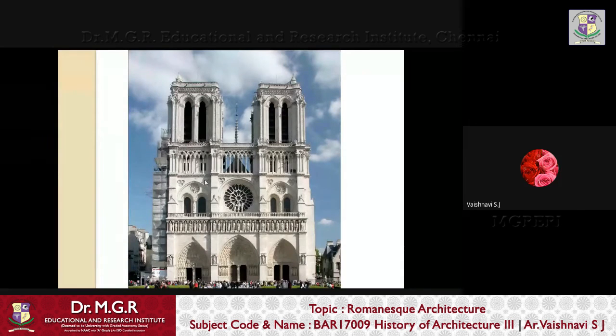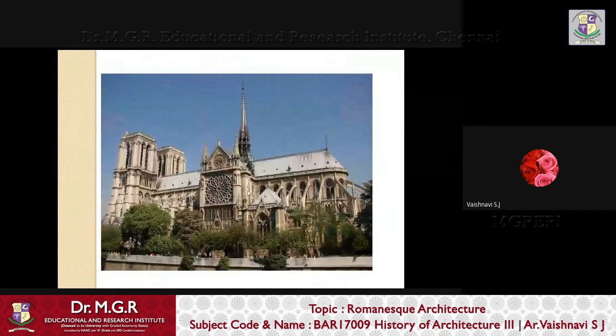This is an example of Gothic style where we can find the rose windows, and here intricate styles of doors and arches are being done. And this is also one more example for that.